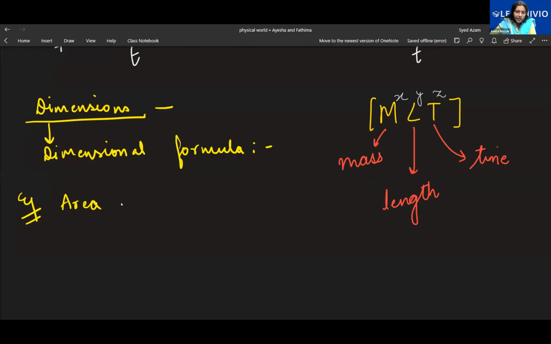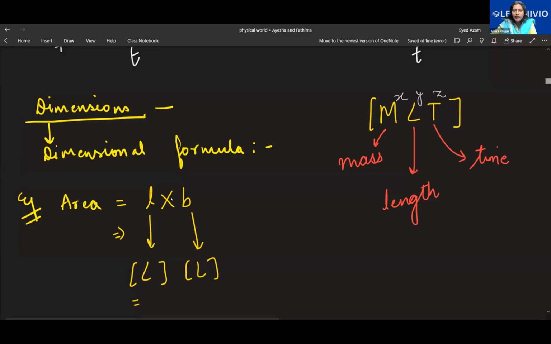Like area is length into breadth. From the table of fundamental quantities, length is L. Breadth is also a measurement of length, so it can be written as L. L into L becomes L square.